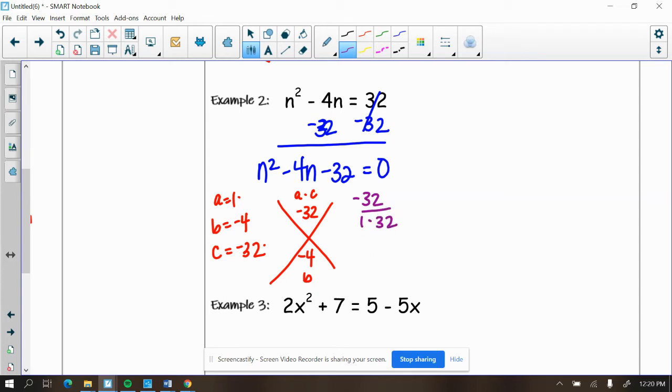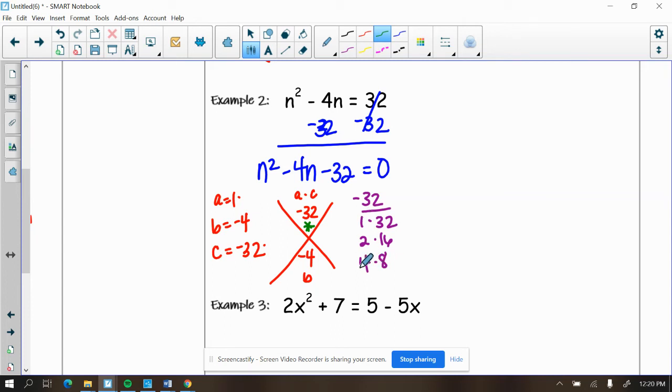What else? Do I have a factor sheet? 32 might be one that's a little bit difficult to find the factors of. 2 and 16. And 4 and 8. So our hint when we are looking for a product, or when we're multiplying, to be a negative, that means we need to look at our factors and subtract, right?